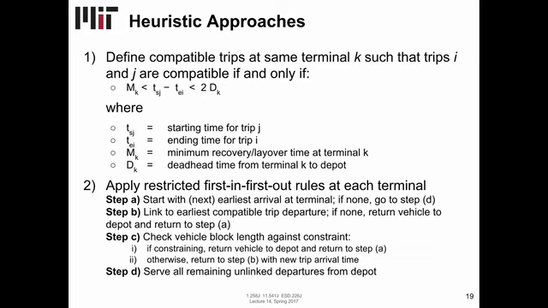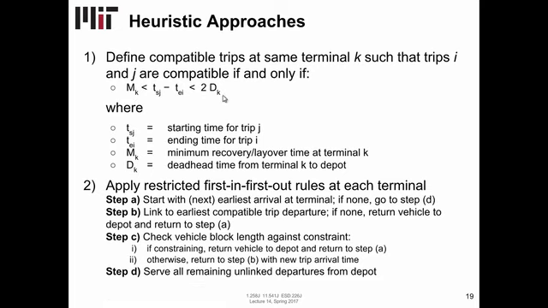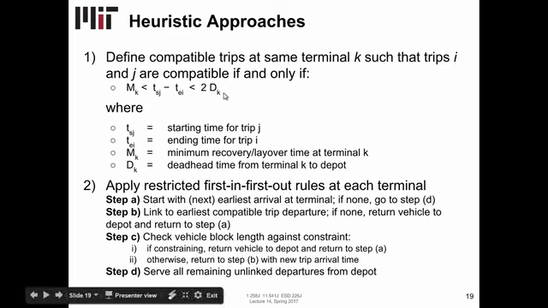In order to be able to implement this, we need to make a definition on trips and identify compatible trips. Two trips i and j are compatible at the terminal if j is arriving to the terminal, i is departing from the terminal, and the time difference between the two is greater than the layover that we want, and also less than twice the time of traveling from the depot.